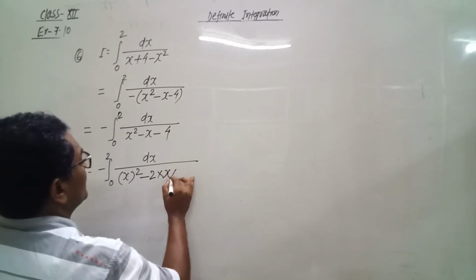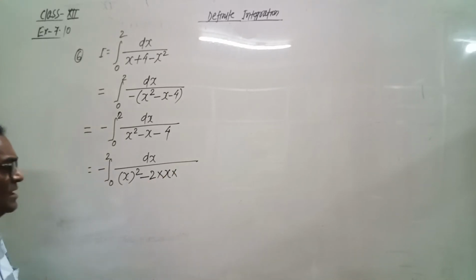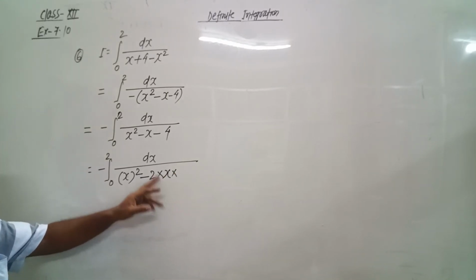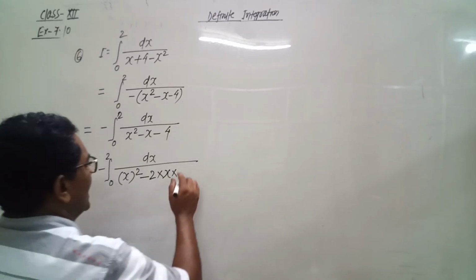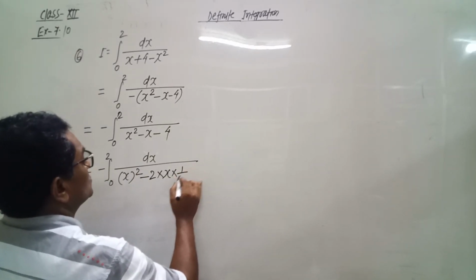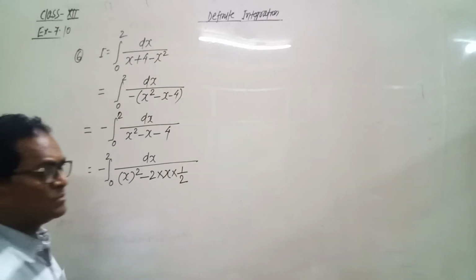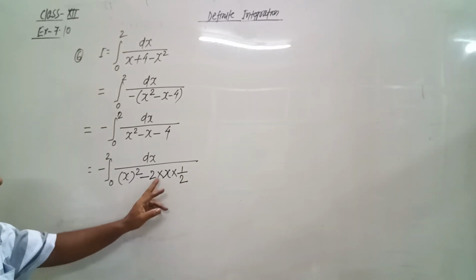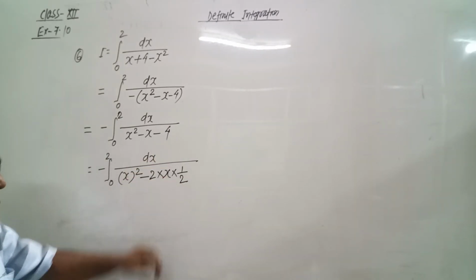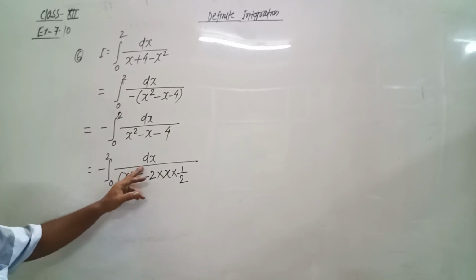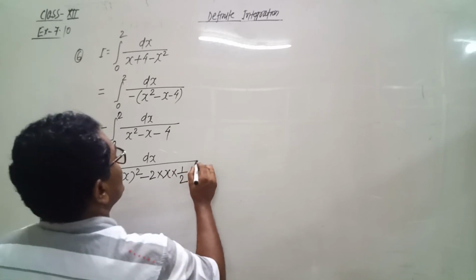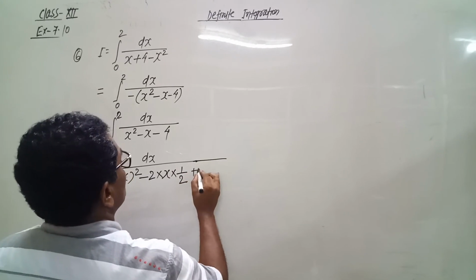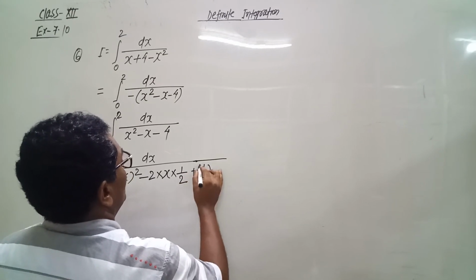And what should be the value of b? After solving, the result should be x. So it is clear that the value of b should be taken 1 by 2, because 2 and 2 cancel and we get x. So this becomes a square minus 2ab. Then we have to write plus b square, plus b square means 1 by 2 the whole square.